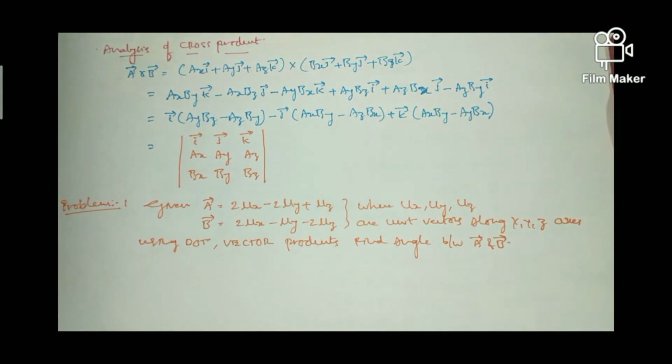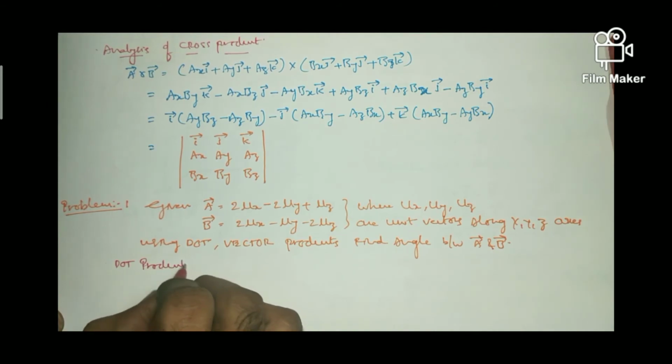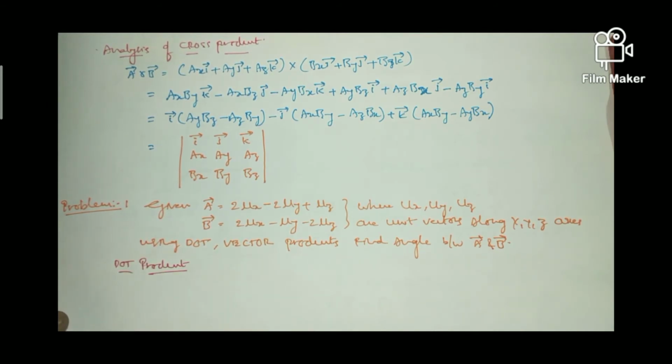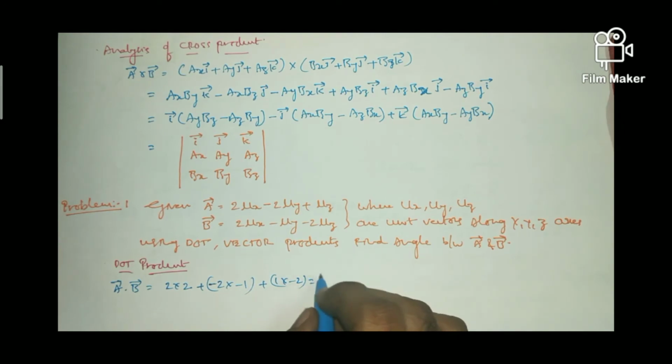First, let us solve this problem using the dot product of vectors. If you find out a bar dot b bar, the same unit vectors will lead to the value 2 into 2 plus minus 2 into minus 1 plus 1 into minus 2, which is equal to 4.